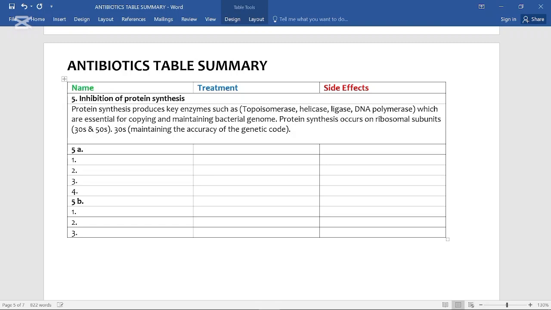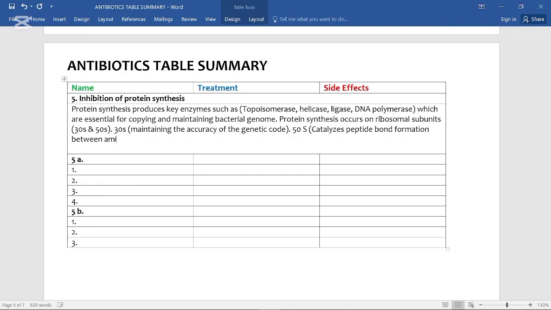And the 50S catalyzes, or speeds up, the peptide bond formation between amino acids. So these are some key points that you have to note.